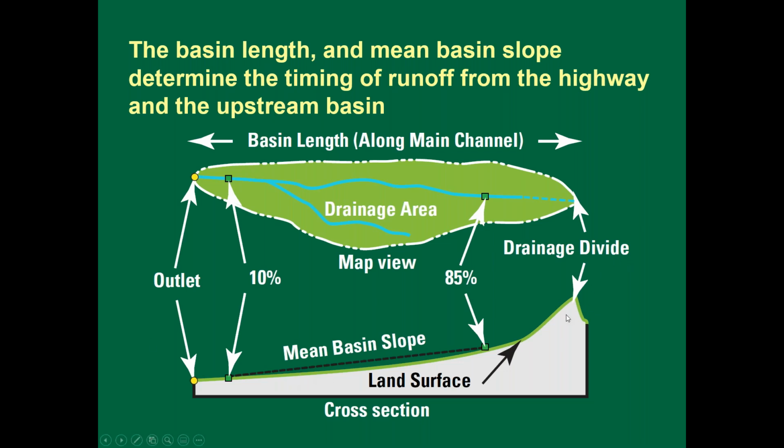It's an easy slope to calculate, and research has shown that this is a highly representative slope. In predicting high flows, it has a better response rate than other measures of basin slope that were tested.